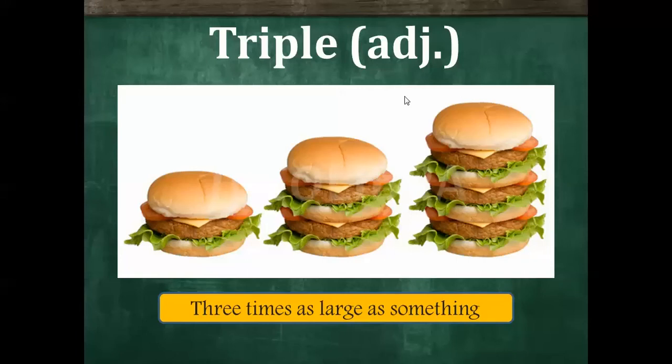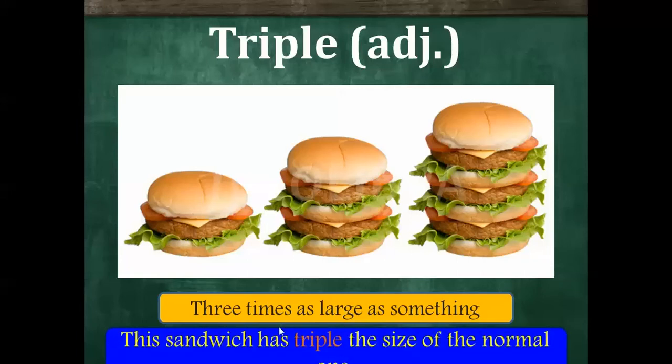We use it to describe nouns or pronouns. The example we have: this sandwich has triple the size of the normal one. I'm sorry, you cannot see the word one, it is out of the recording part, but still the example is saying this sandwich has triple the size of the normal one.